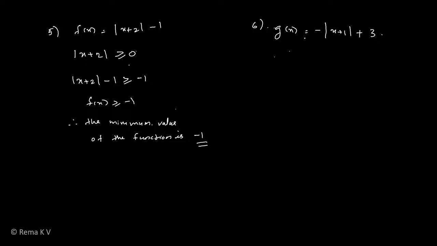g of x is given as minus of modulus x plus 1, plus 3. Give your answer whether this function has a maximum value or a minimum value. The maximum value of the function is, okay, almost.